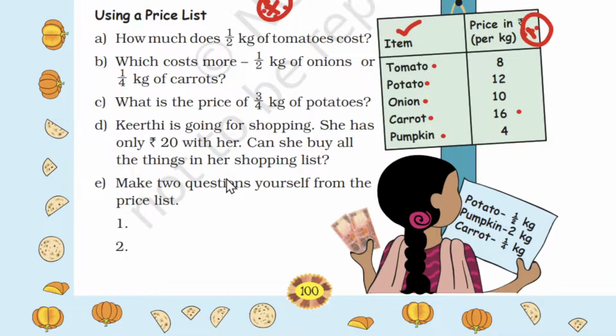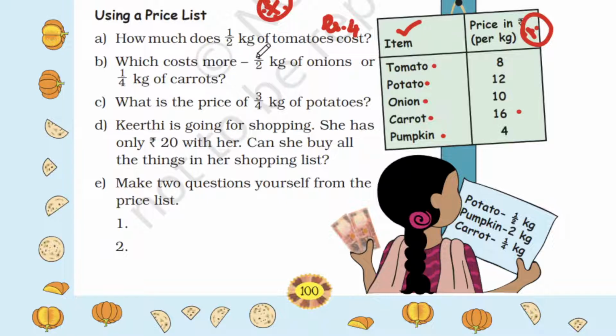So let's do the calculation in this place. 1 kg of tomato is rupees 8, so half kg is 8 divided by 2, which is 4. Okay, so half kg of tomato is rupees 4. Okay, let me erase this out. Next question.